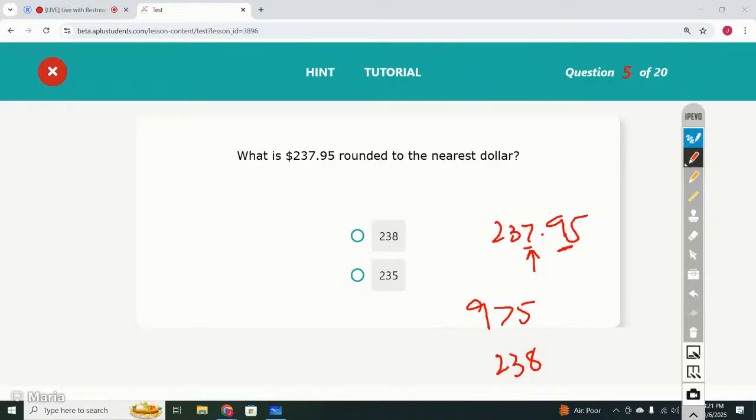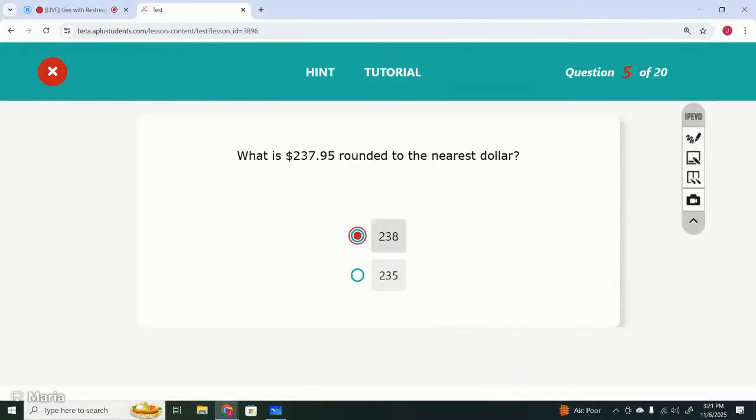That is $238. Option number 1 is the correct option.